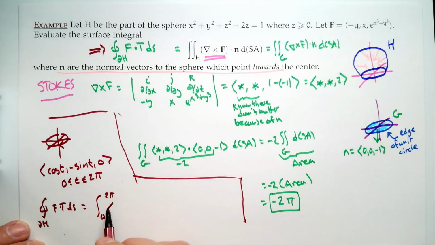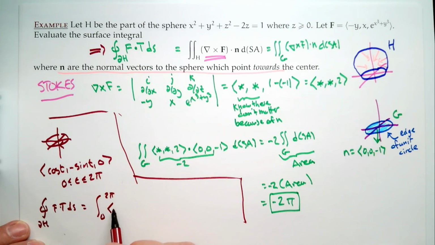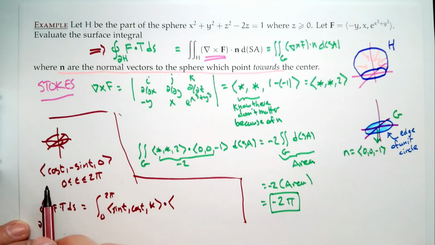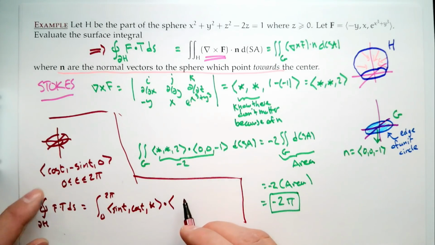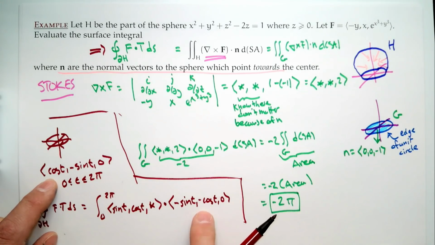Well, you'll get minus y, which will become sine t, comma x, which is cosine t, comma stuff, which is messy, dot T. Now you have to do the T. So for T, this is minus sine t, comma minus cosine t, comma 0. You have to make sure this has length 1. It turns out this has length 1. You just take the magnitude. So you're good to go.